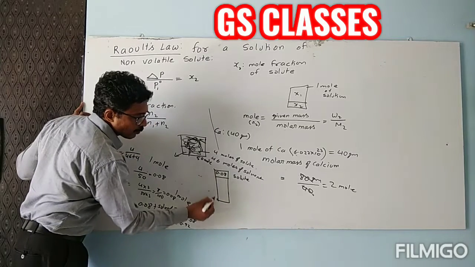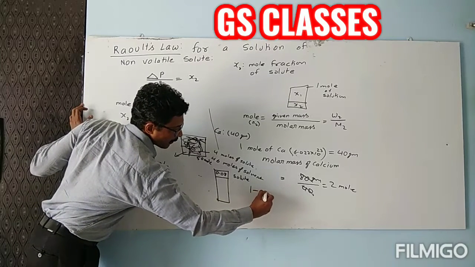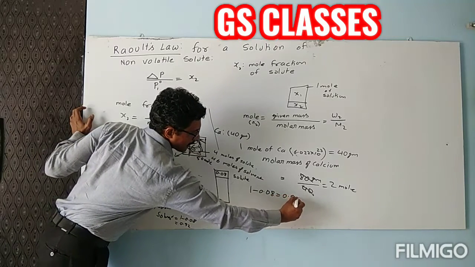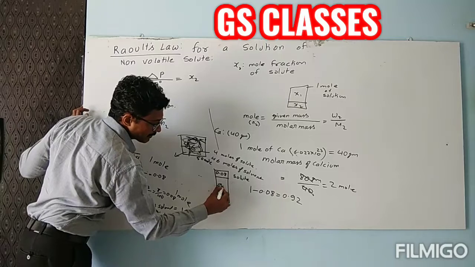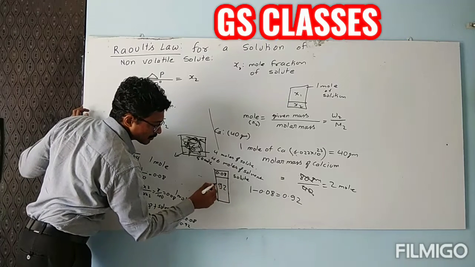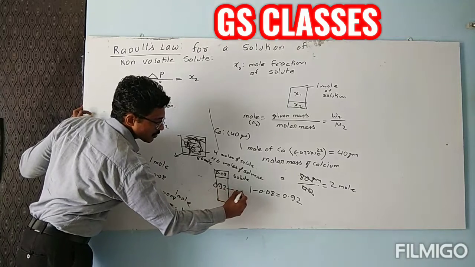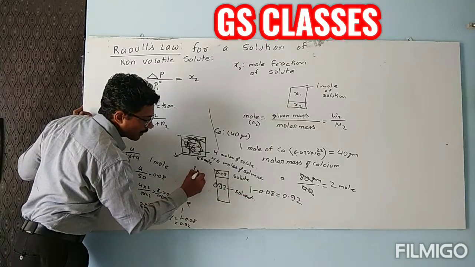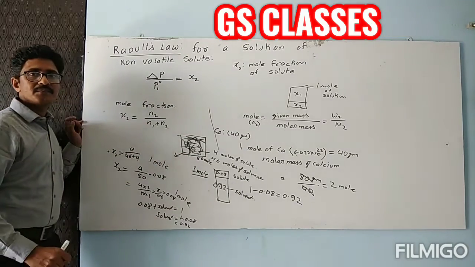Now we have to make it entire 1, so 1 minus 0.08 comes out to be 0.92. So this 0.92 part will be of solvent. Since we are calculating for 1 mole, hence we use the word fraction.